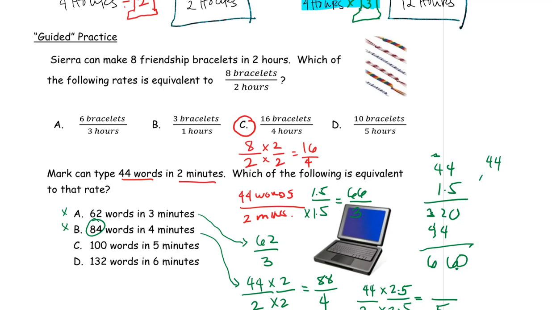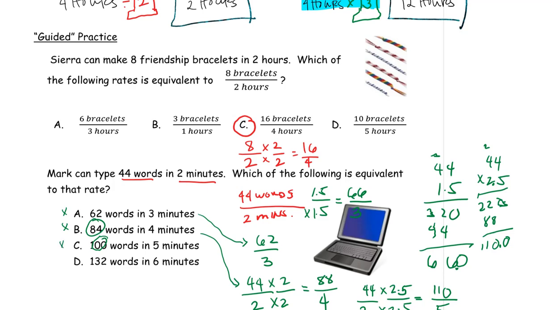So 44 times 2.5, that would be 22. 5 times 2. Then this is 8. So that should give you 110. So it shouldn't be 100 if you multiply the denominator by 2.5. So that's not the choice.